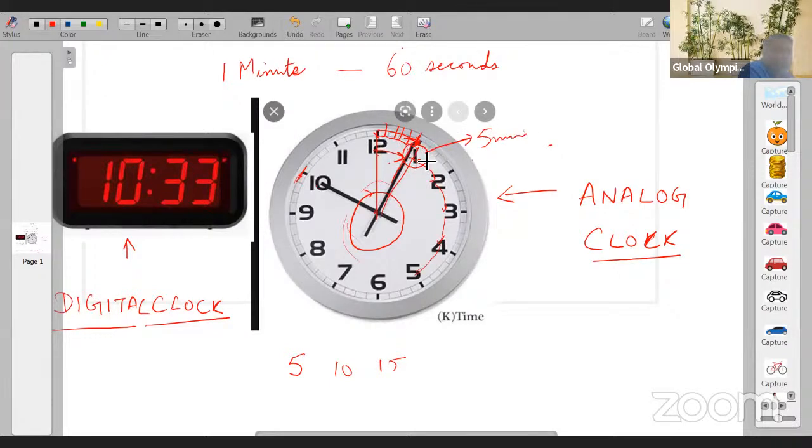Then 20 is at 4, 25 minutes is at 5, then you have 30, which is at 6. So 30 is half an hour, because 6 is half of 12. Correct or not? 6 is half of 12.